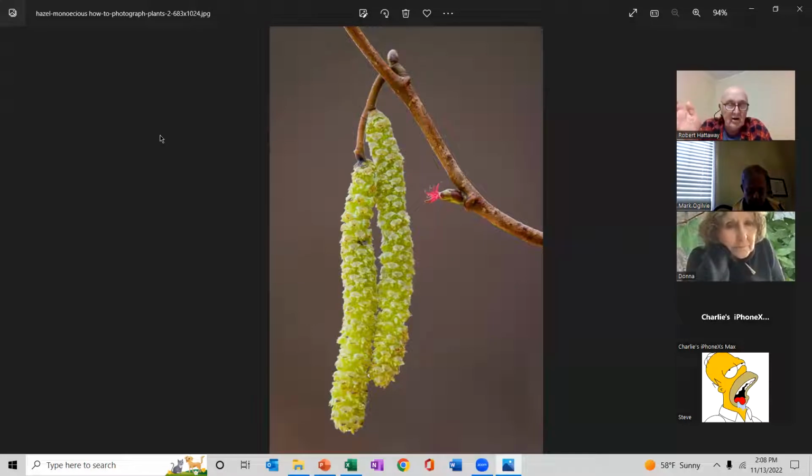So I had a tough time finding it, but I accidentally stumbled on this while I was searching Google for plant photography, and I forget what else I put in it. But lo and behold, an article I wrote in the newsletter came up on plant photography from 2020 that I forgot I even did.